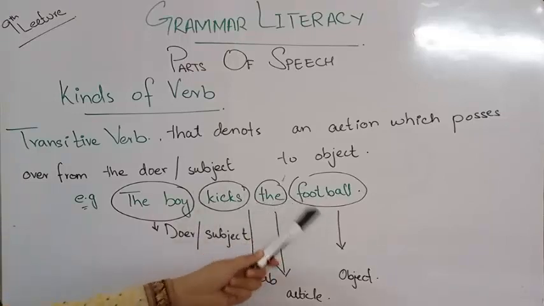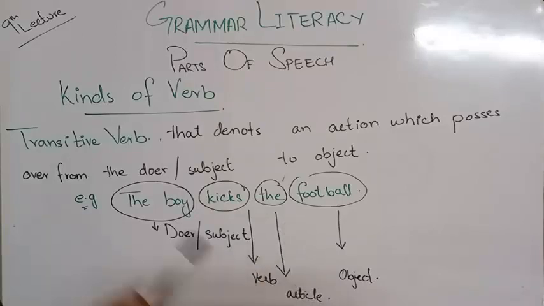The football is the object, and basically the boy is kicking the football, so the football is the object and the boy is the doer or the subject. So kicks is the verb here. The is an article and boy is a noun here. So, the boy kicks the football.